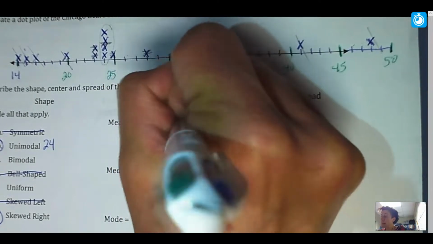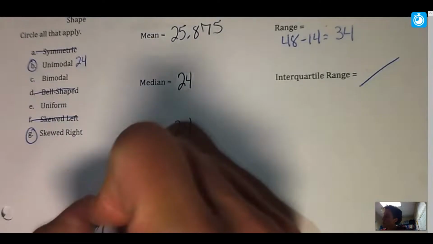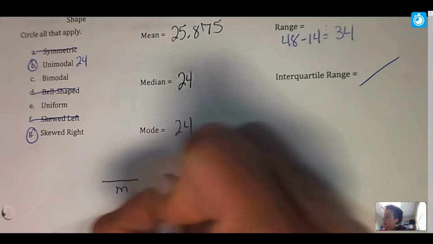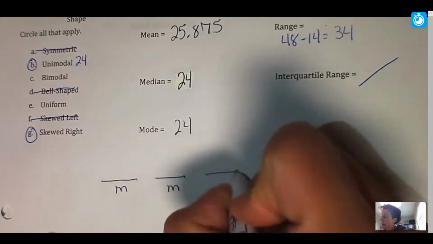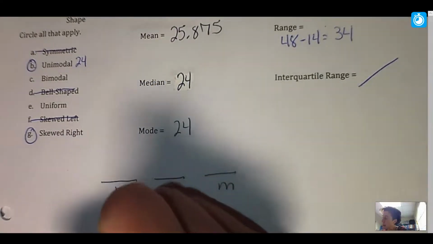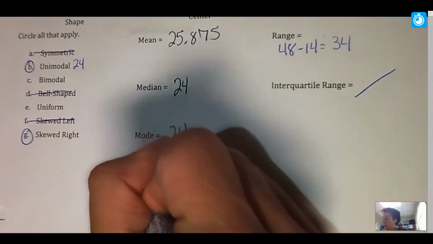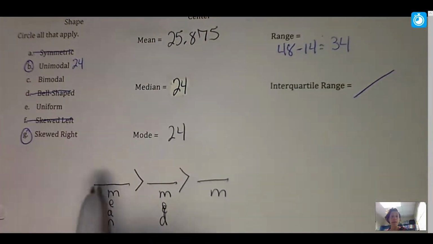Now, let's see if this thing about being skewed right holds true. So if I put my mean first, then my median, and then my mode, again, what we're more concerned about is the mean and the median. And if this is skewed right, like I'm saying it is, then my mean value should be greater than my median value.